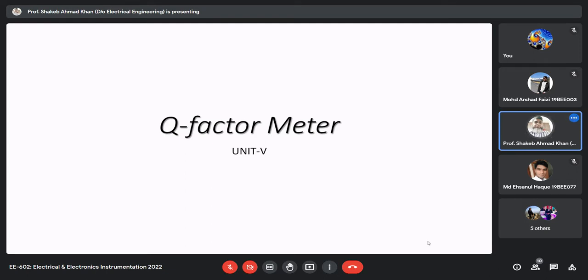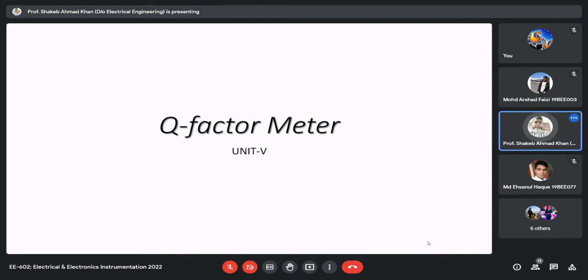What is Q factor? Yes, please. Anyone? Q factor जानते हैं भाई आप लोग? अभी सुनाई पड़ रहा है आपको? How will you define a Q factor of a coil?